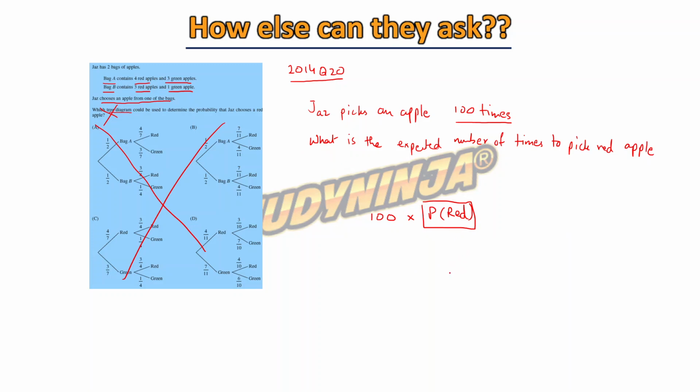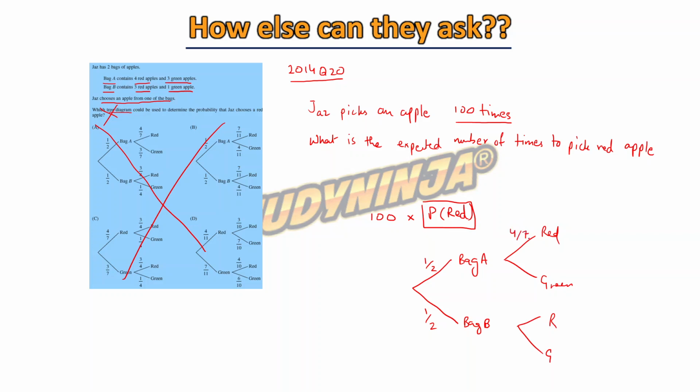So you'd actually then draw a tree. Firstly, he or she can choose bag A and bag B. The first step is they would choose one of the bags, right? And this would be half probability, because you can choose either of the bags. Both bags have red and green apples. Within bag A there are a total of 7 apples, out of which 4 are red.